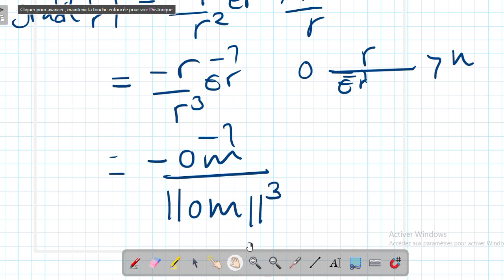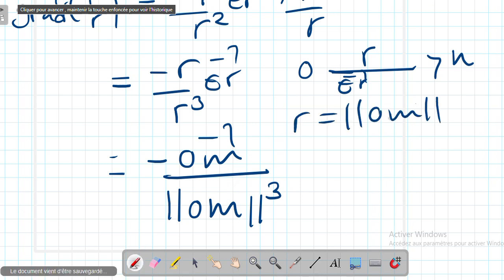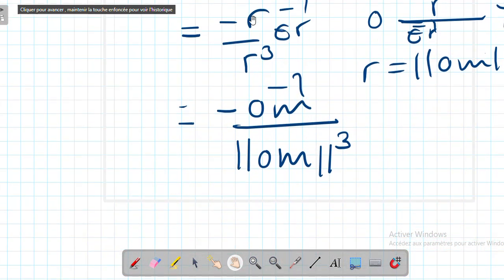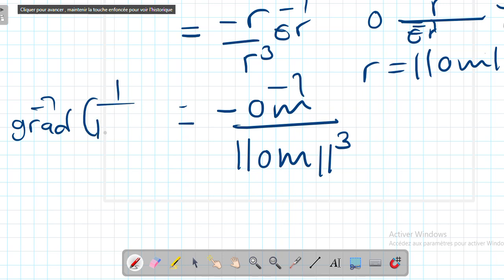Here r is the module or the magnitude of OM. So this is the same as this. Whenever I ask you what is the gradient of 1 over the magnitude of OM, you know that the magnitude of OM is r, so you give me this.